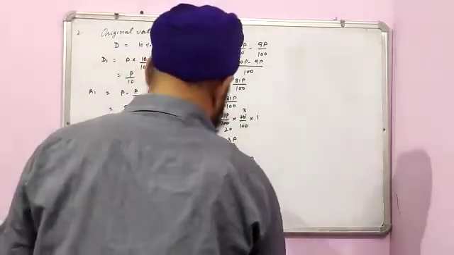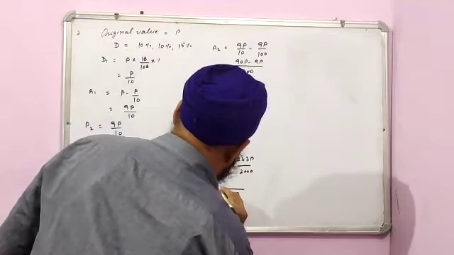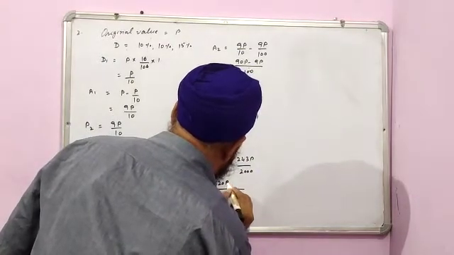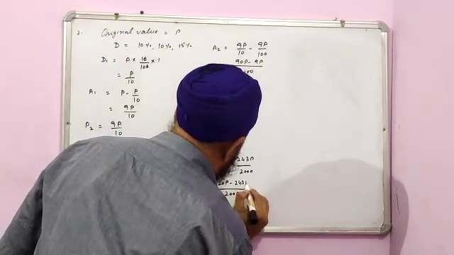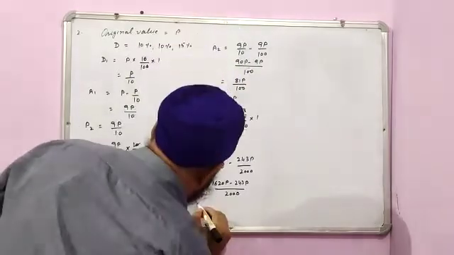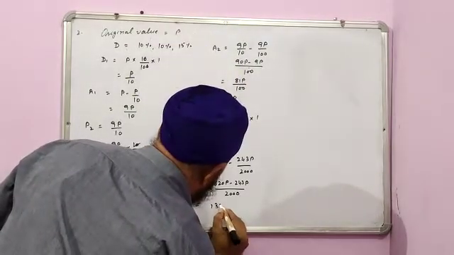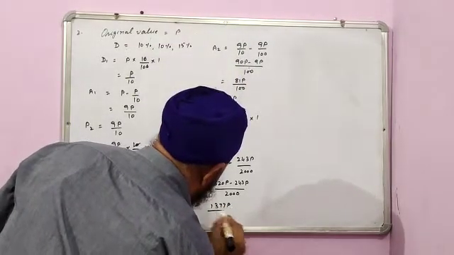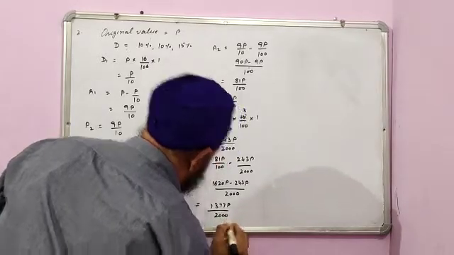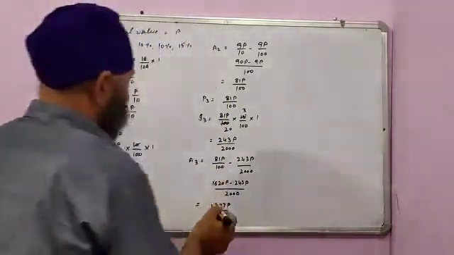It is 1620P minus 243P. This is 1377P upon 2000. This is amount for third year.